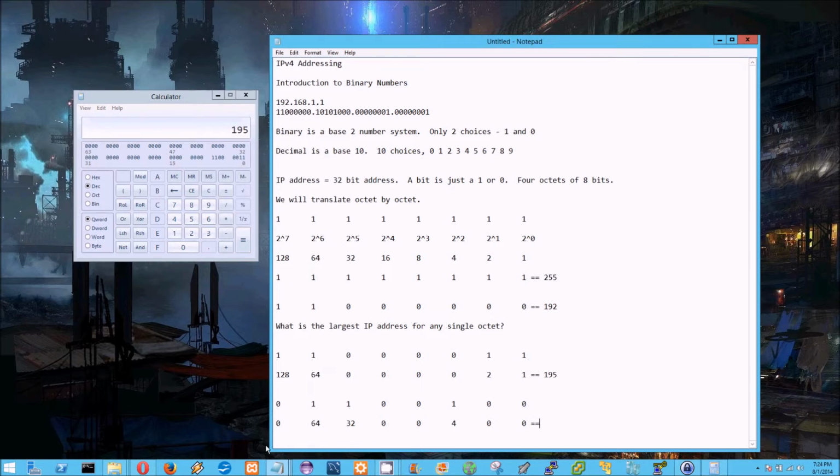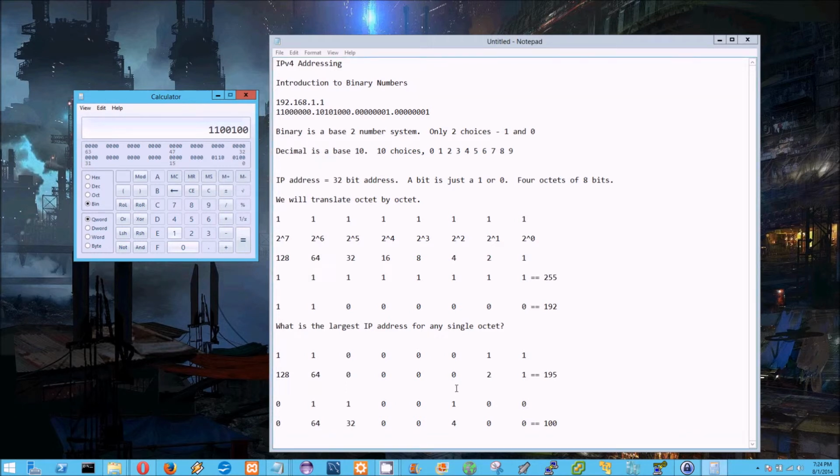So let's count this up. 64 plus 32 is 96. Plus 4 is 100. Let's see if I did that right. Let's do decimal and just see how it works out. 100 to binary is, this is something you need to think about if you're using the calculator for this. It doesn't look right, but it is right.